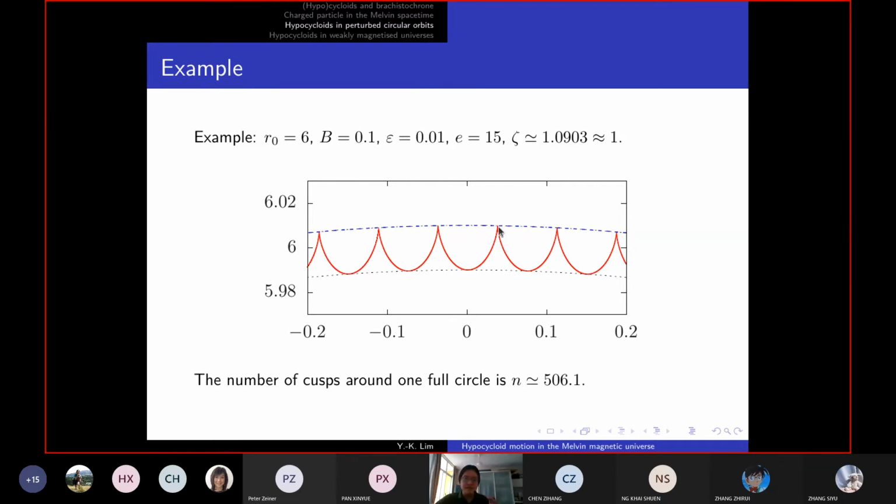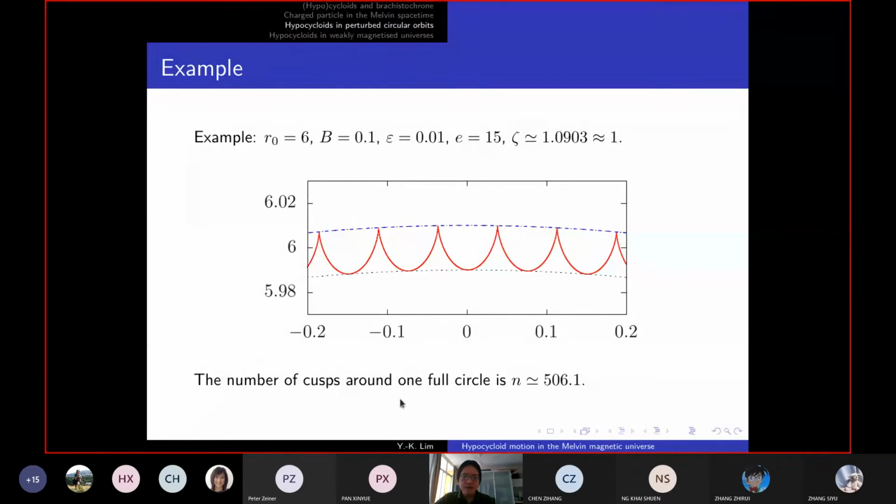This is really the result of the numerical solution, which agrees with the perturbative solution. For this case, if I plug the values into the formula, the zeta will give you 1.09. It is close to 1, but not exactly. So technically speaking, these are not perfect sharp corners, but it's close enough that on this scale, it looks more or less like a cycloid.